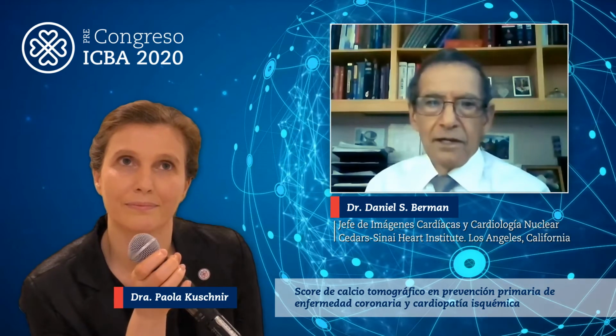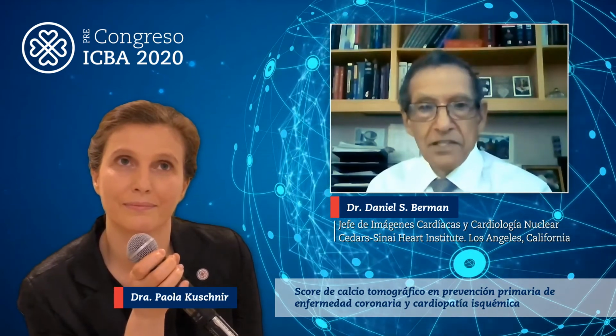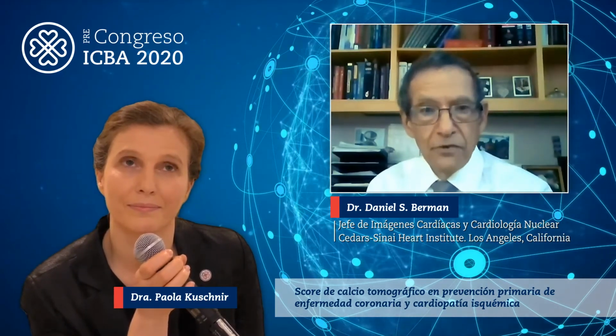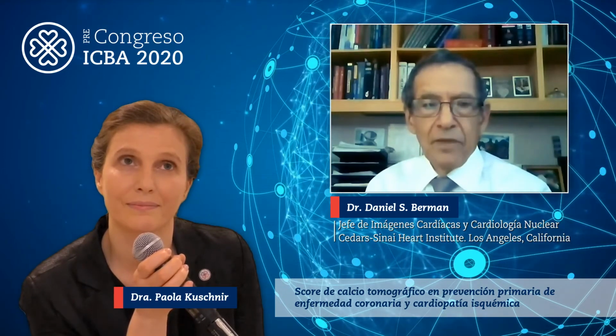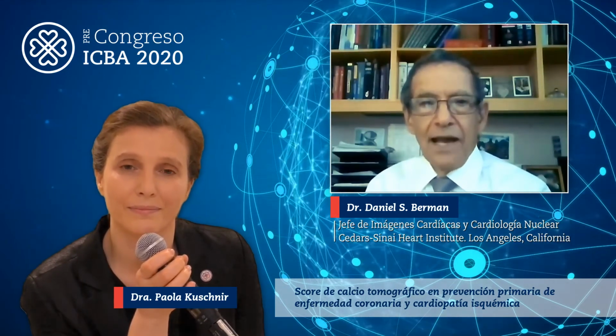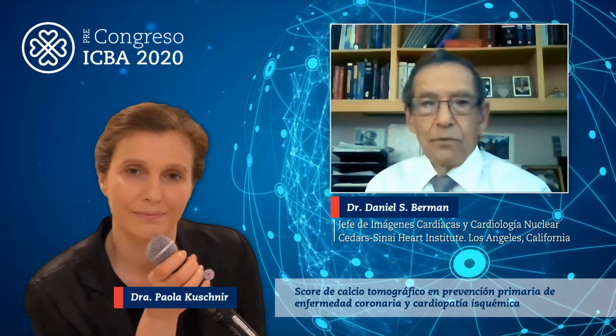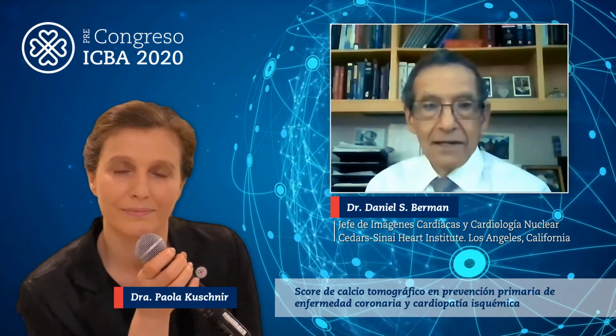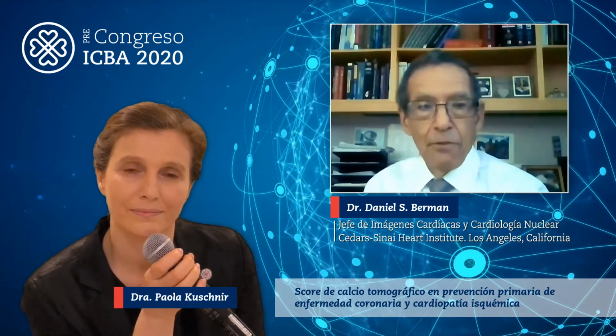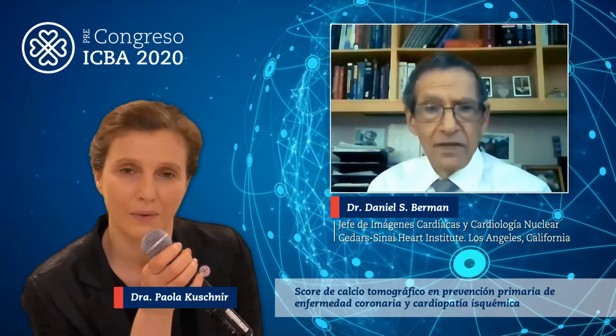Somewhere around 20% or so of the patients who have a score over 400, which we call extensive, will have abnormal stress test results. With a score over 1,000, that goes up to be even higher. That we call very extensive calcification.